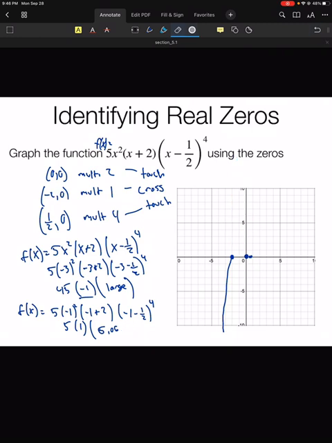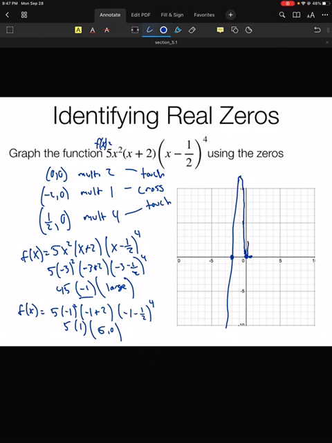It's probably better to get rid of this. It's going to be straight up to negative 25. Then it's going to come down at 0, so it has to peak sometime up here. We don't quite know when. It's going to come down and hit (0, 0), but it only touches.